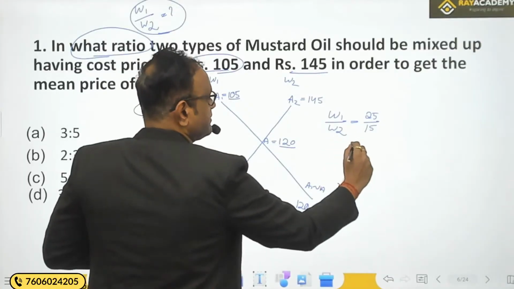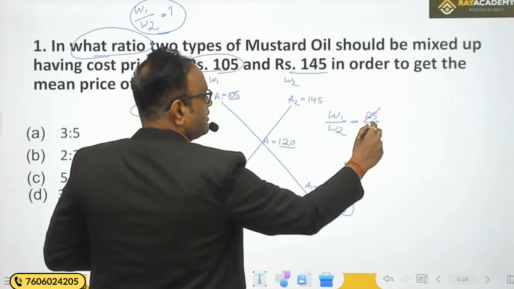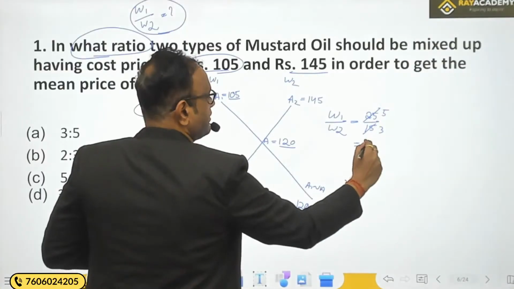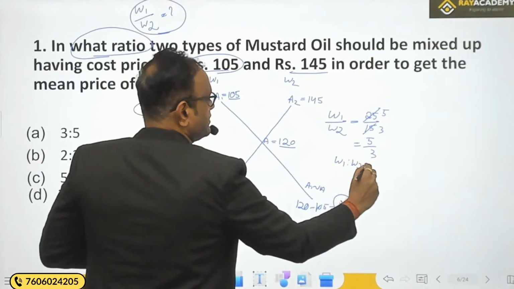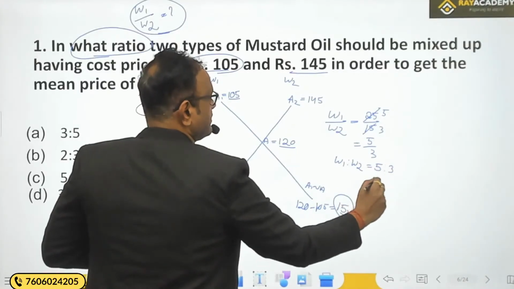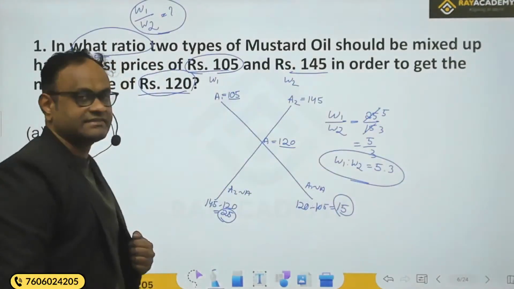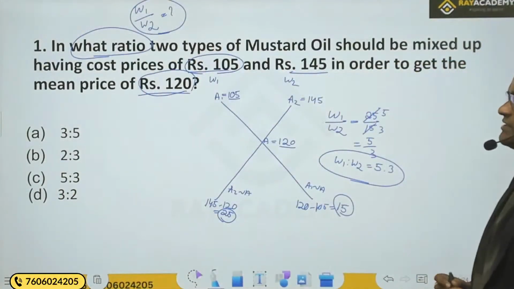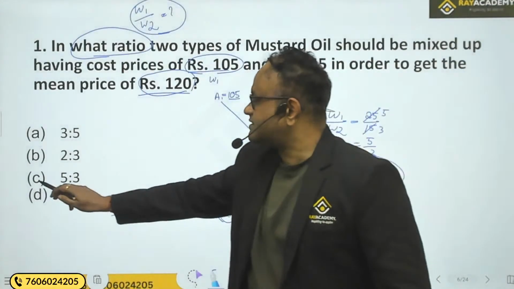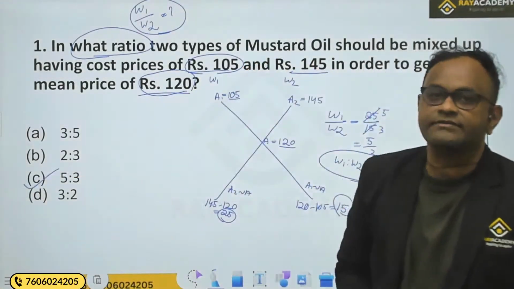If you further simplify and cut by 5, you get 5 by 3. So W1 is to W2 equals 5 is to 3. This is what they are asking in the question, nothing else. In what ratio do the two types of mustard oil have to be mixed? So the answer for this question will be 5 is to 3.